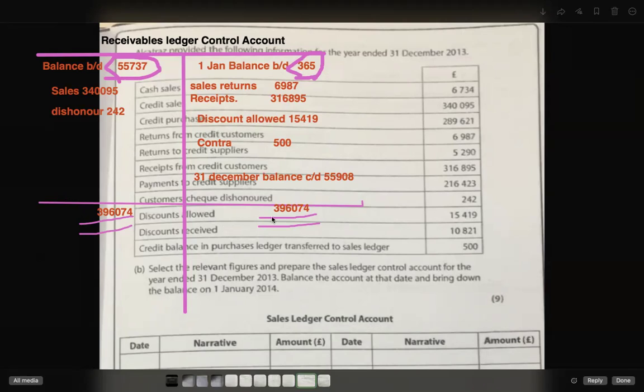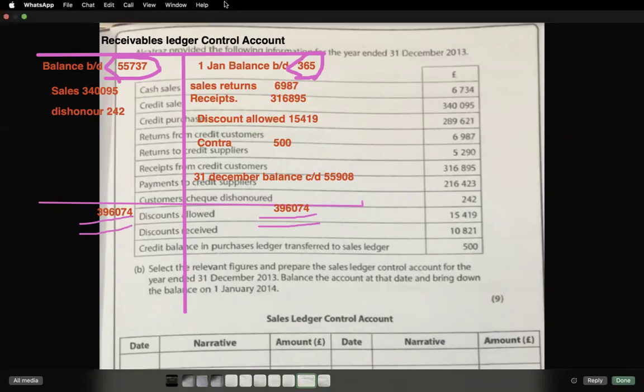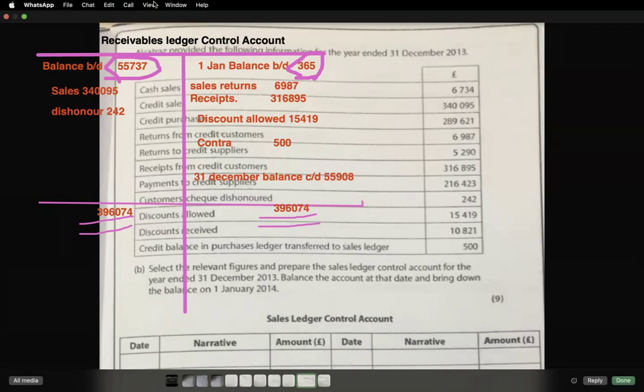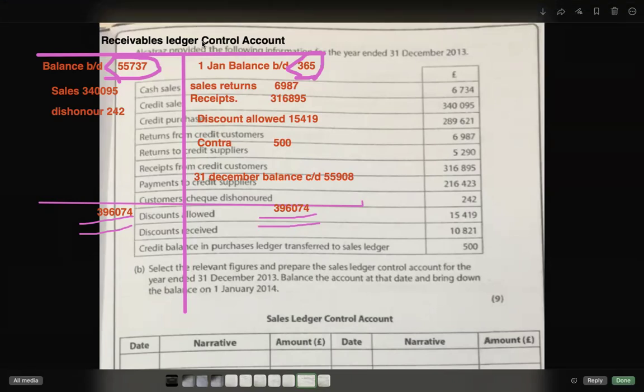So returns to credit supplier, does it have anything to do with the receivables ledger control account? No. I guess you didn't see the format which I gave you. Did you open up the format that I gave you in the school? Yes, sir.